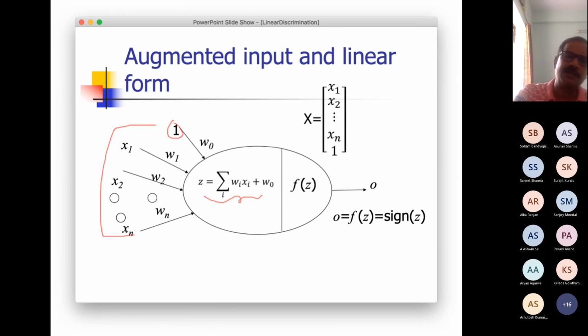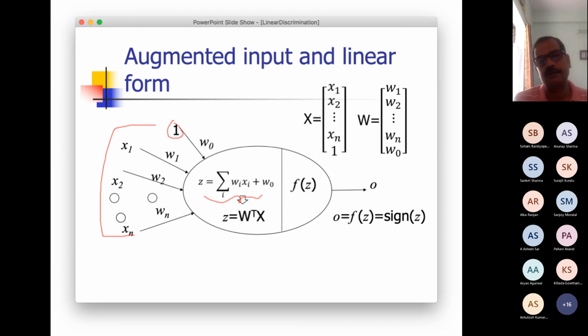But from the linear algebra point of view, this augmentation gives you the advantage of expressing these linear functional computations in a completely linear form, as if the input vector is simply multiplied by the corresponding weight vector. It's a scalar product, which gives you the scalar value.